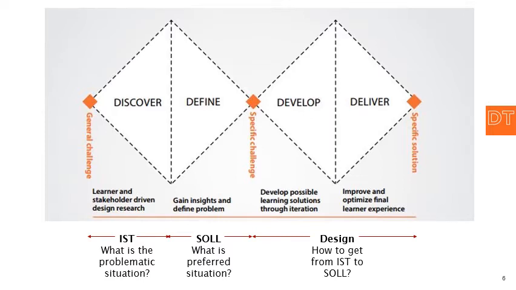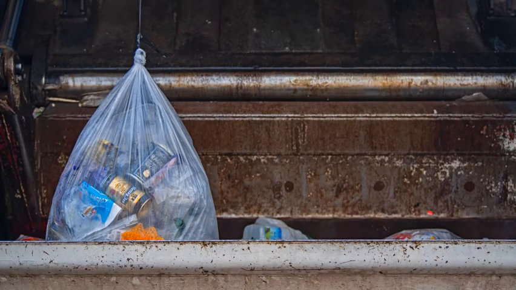The define part is what is the preferred situation that we would like to go to. And the last two stages, develop and deliver, are how to get there, how to get from the existing situation to the preferred situation. It seems that design is pretty logical.